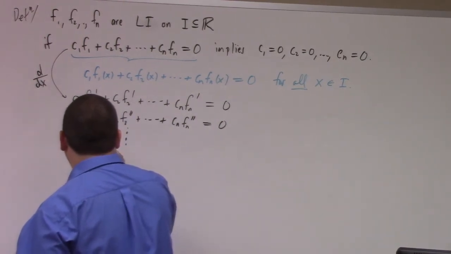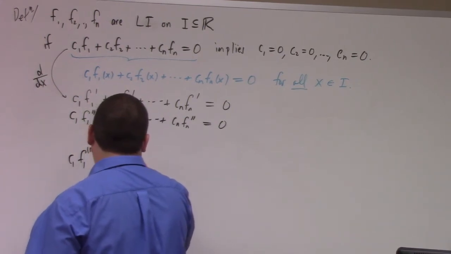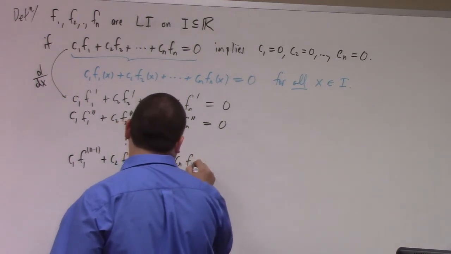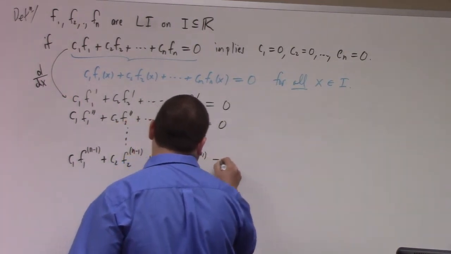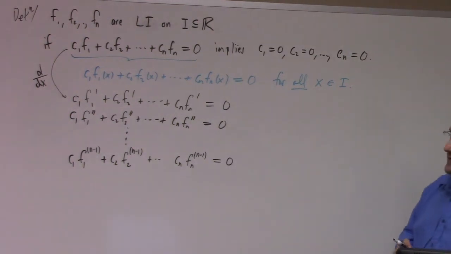If we want n of them, I'll get all the way to the n minus 1th derivative. So if you ignore the blue comment there, we have n equations in n unknowns.